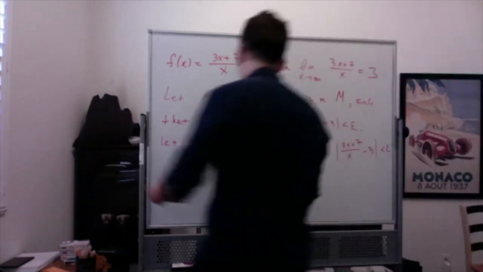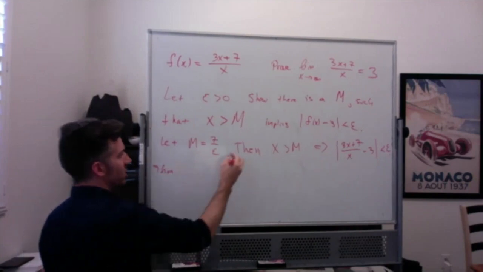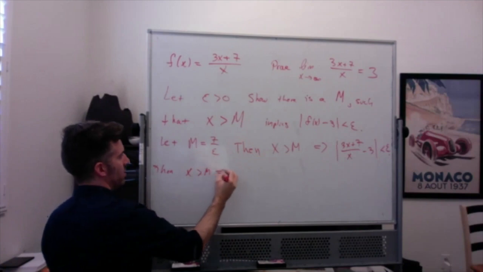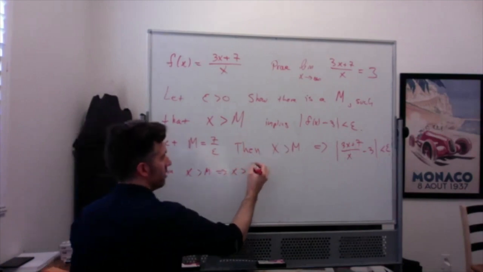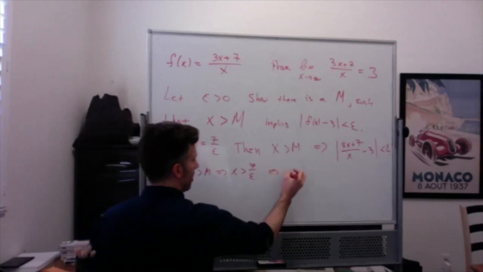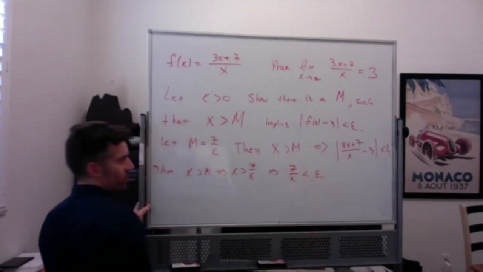Or you could show the work. You could do either. X greater than M means x is greater than 7 over epsilon, which means 7 over x is less than epsilon.